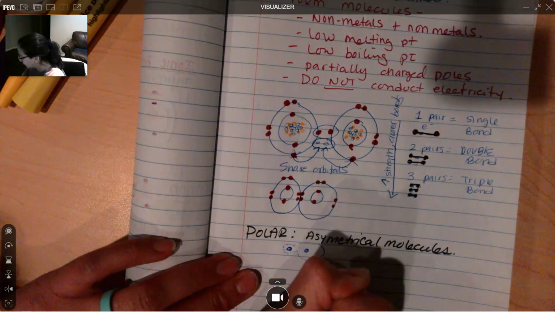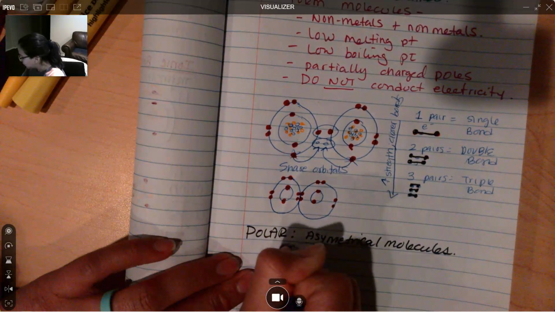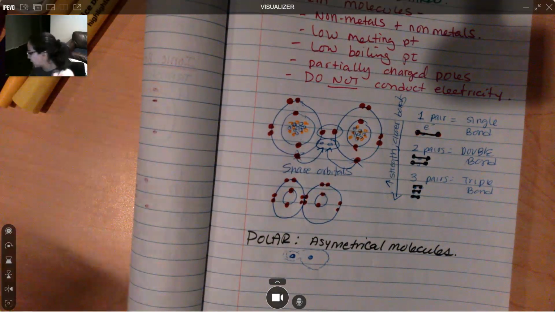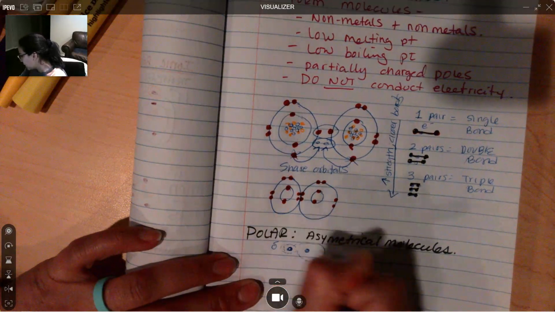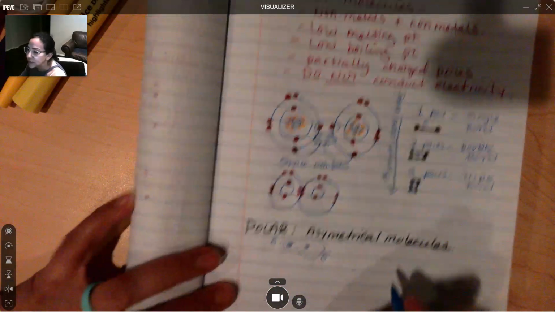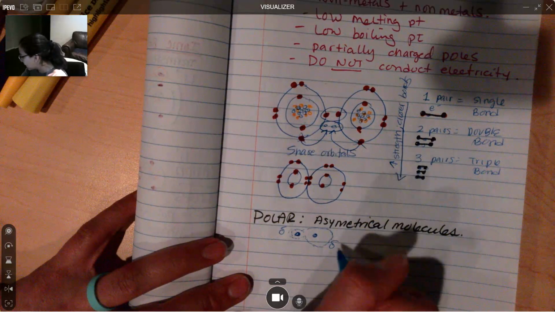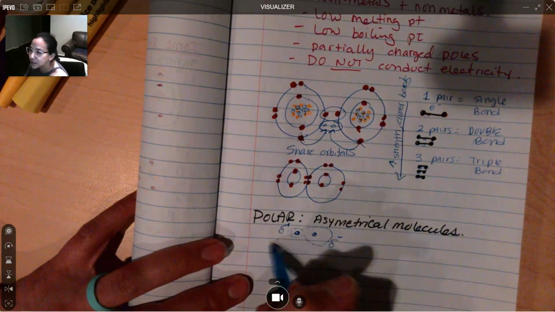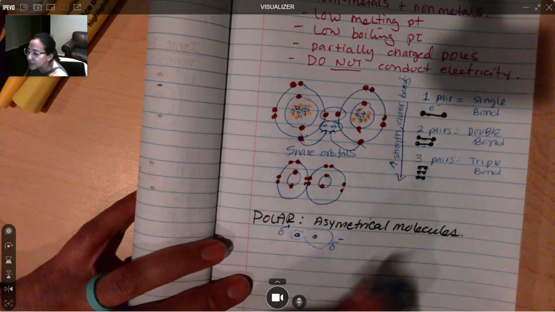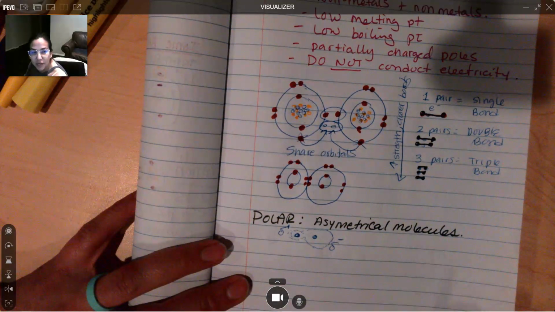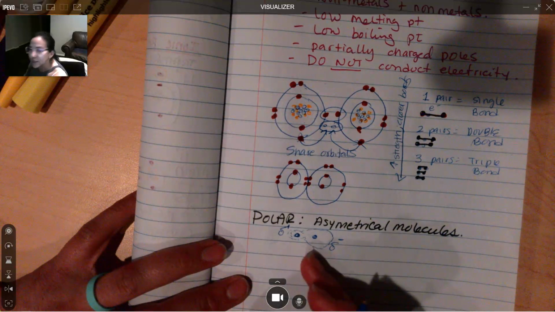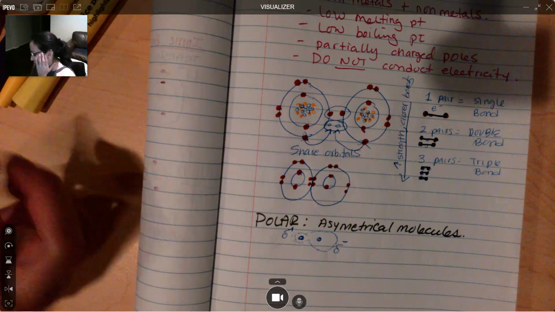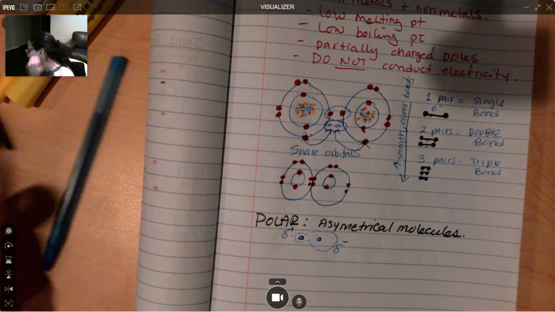You're going to see that the electron spends more time around one atom than it does with both. So their dipole moments are going to be different. Since the electron's going to spend more time on this side, that means that this dipole is negative and that this one is going to be a positive dipole. We can clearly see that there is a polarity issue here. So this right here is called a polar molecule. It is asymmetrical, right?